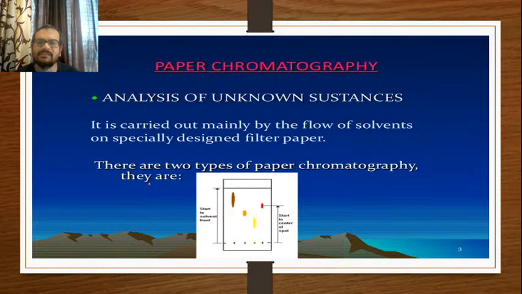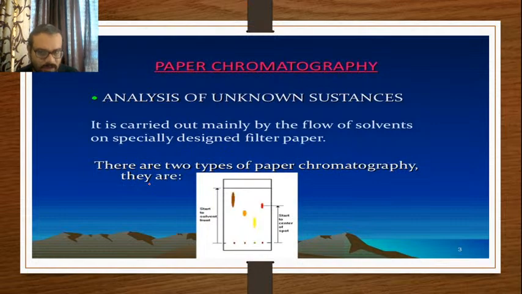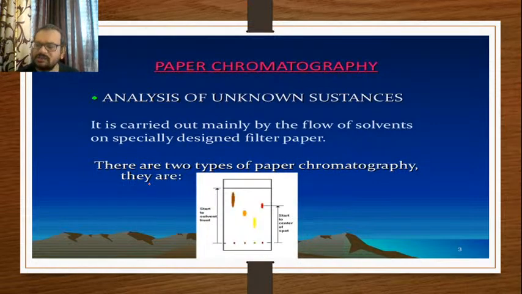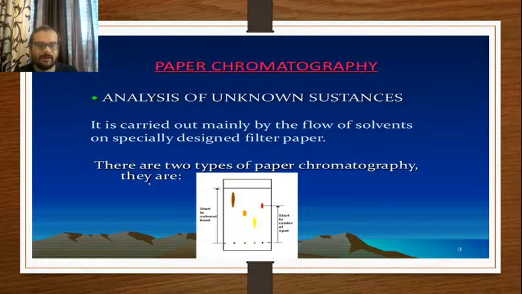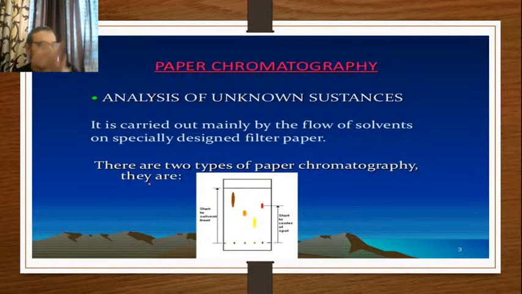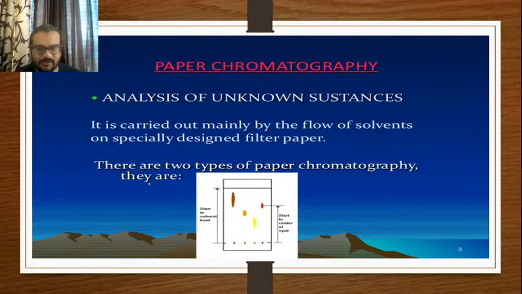So the analysis of unknown substances can be done using paper chromatography. It's a simple and very widely used technique because of the flow of the solvents. As we all know, separation in chromatography depends on two things: the solubility of a substance in the solvent or mobile phase, and its affinity towards the stationary phase.